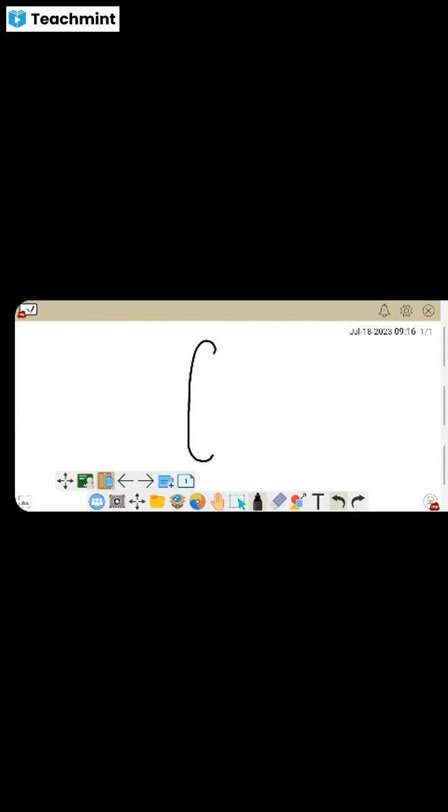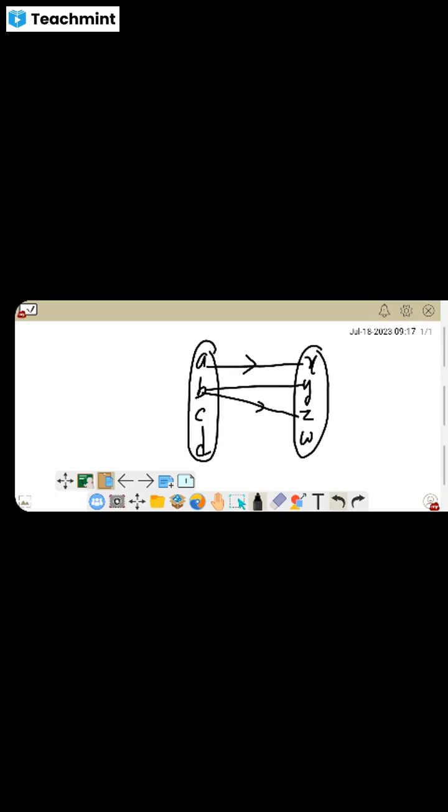If any element of A is associated with more than one element of B, then we say this is not a function.